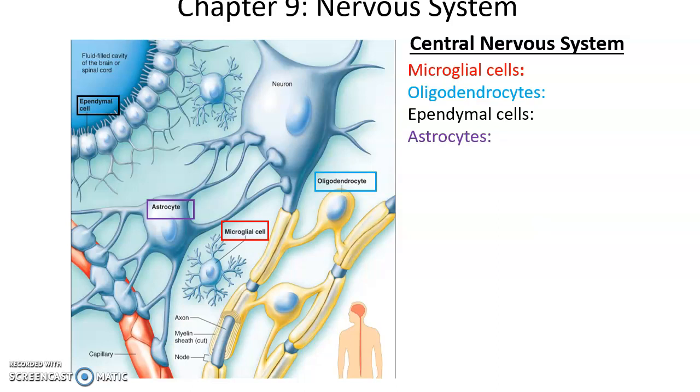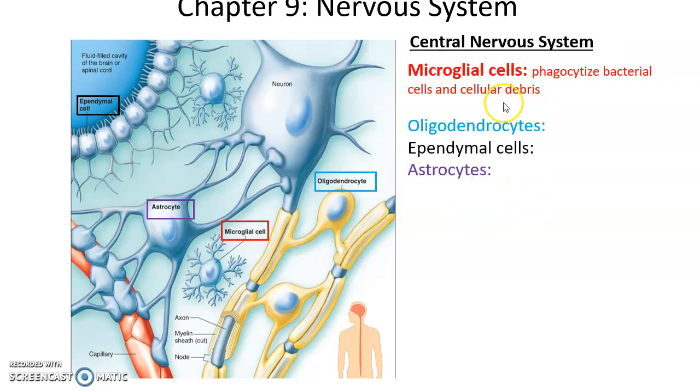In the central nervous system, that's the brain and spinal cord, there are four types of neuroglia cells. You have microglial cells, oligodendrocytes, ependymal cells, and astrocytes. The microglia cells are relatively small. They move around in the nervous tissue, and they engage in phagocytosis to engulf bacterial cells, cell debris, and so on to keep the tissues clean and safe from pathogens.